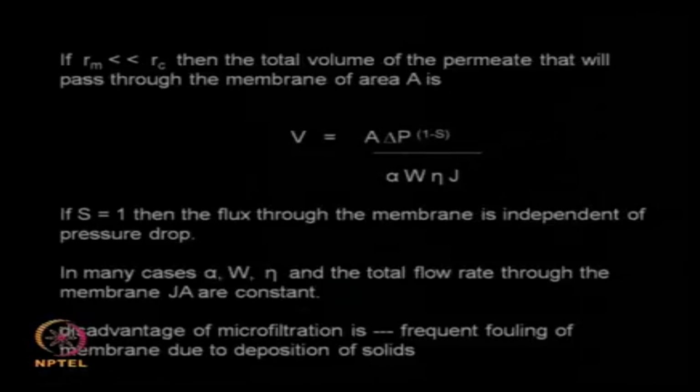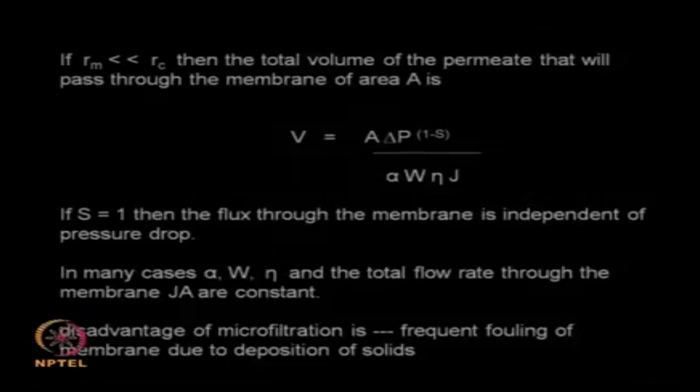Once the flow rate starts decreasing because of the compressibility of the cake, maybe you will stop your filtration, you may do a back flushing or you may dismantle and remove the cake that is formed, and again you will restart. This is like a traditional filtration, regenerating your membrane filtration process.